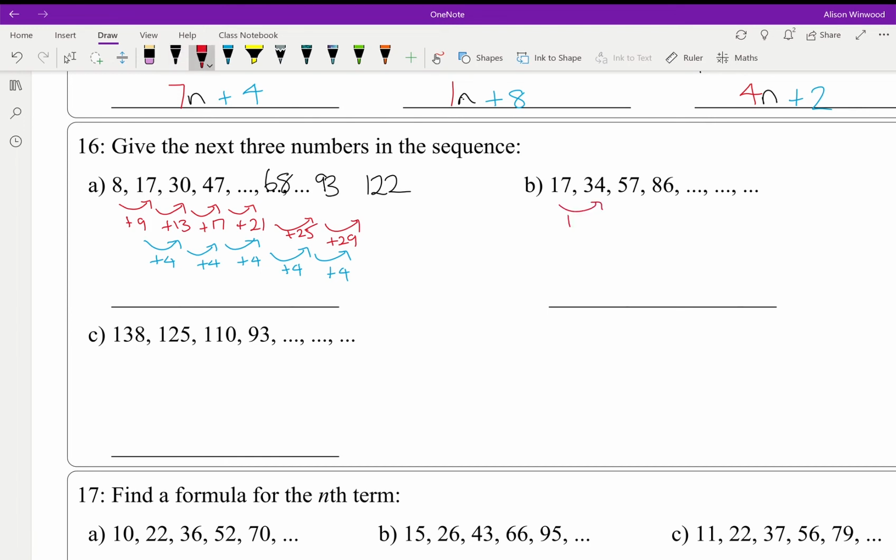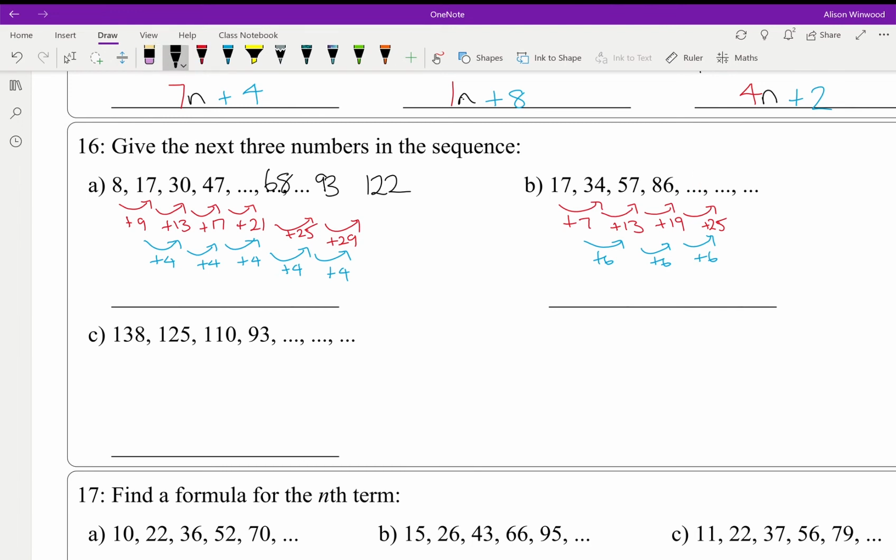7 to 34 is adding 7, then add 13, then add 19. So these are adding 6. So add another 6, gets me to 25. Add that onto my sequence, takes me to 100.